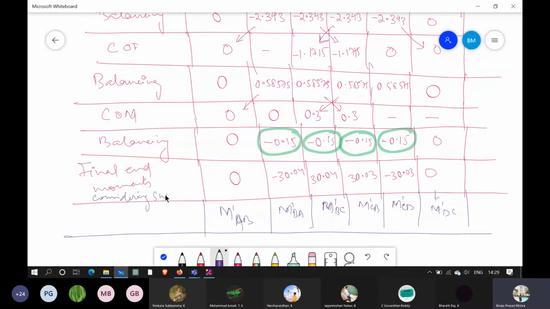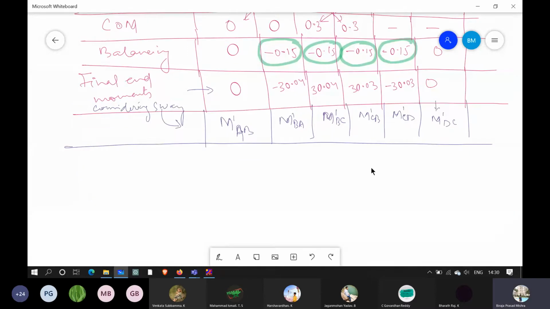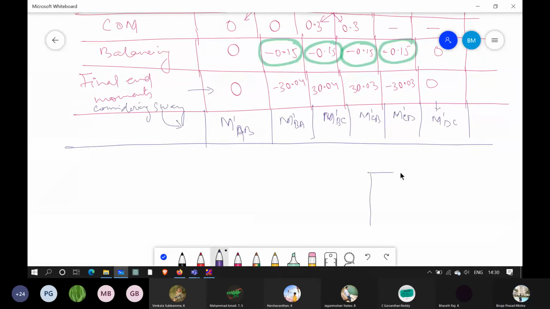Just like the slope deflection for a frame which is undergoing a sway. If this is the frame and it is undergoing sway, it means there will definitely be the action of shear over here, so a horizontal force will be generated.